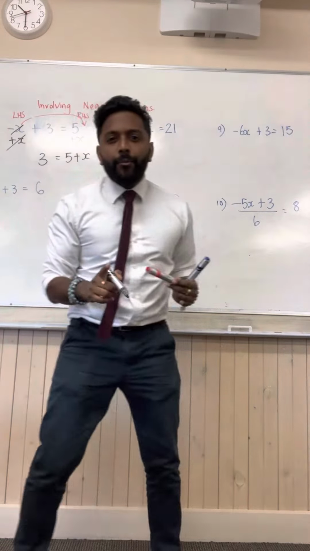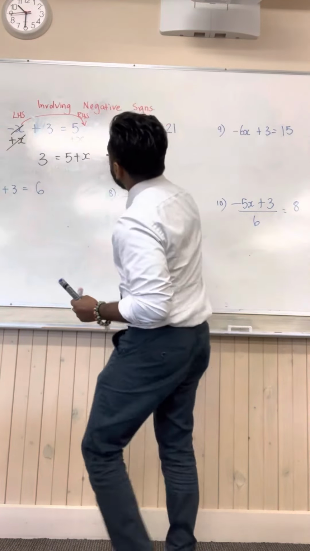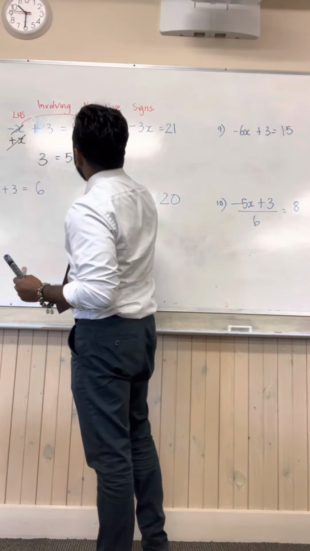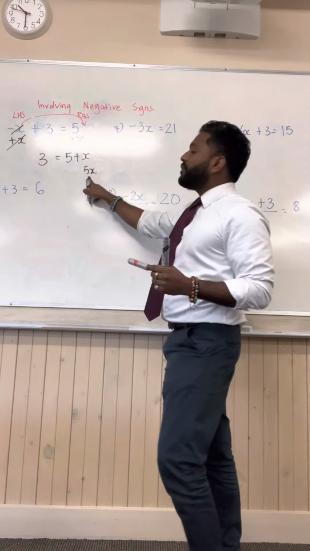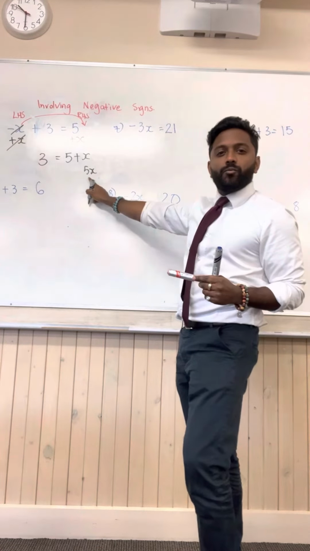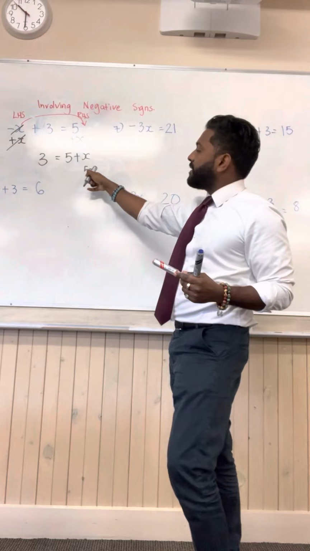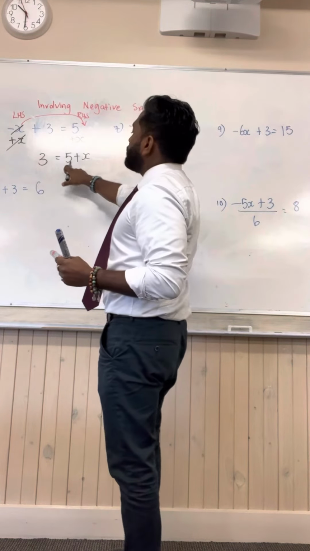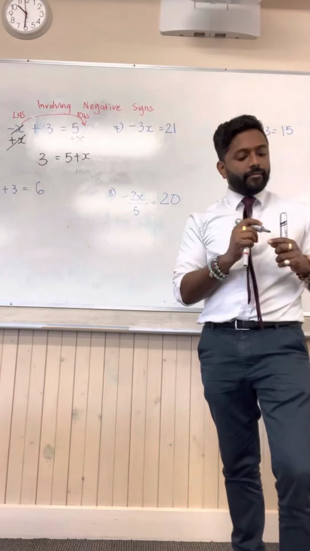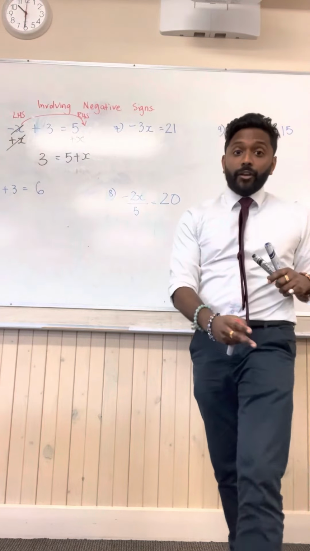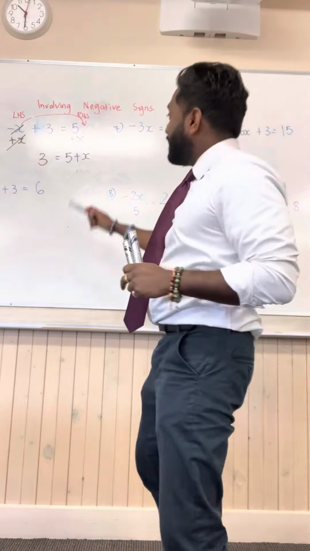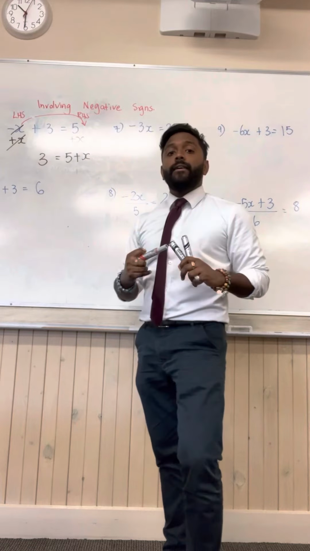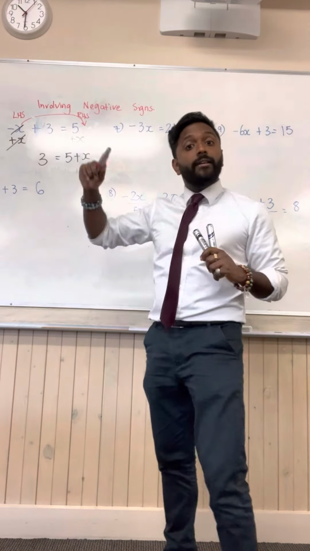Now, a lot of people write 5 plus x as 5x. You can't write it like that, because what's actually in between the 5 and the x? They're times. Can you add these two terms together? Yes or no? And I'm hoping you said no. The reason why you can't add them is because they are not like terms.